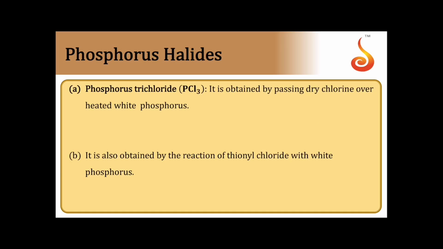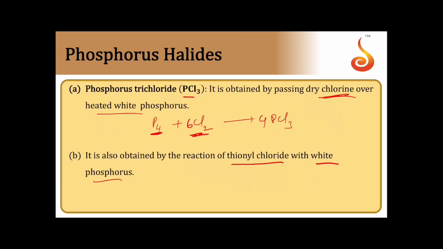Phosphorus trichloride is obtained by passing dry chlorine gas over heated white phosphorus. So white phosphorus P4 plus Cl2 gives PCl3. It can also be prepared by the action of thionyl chloride, SOCl2, on white phosphorus.